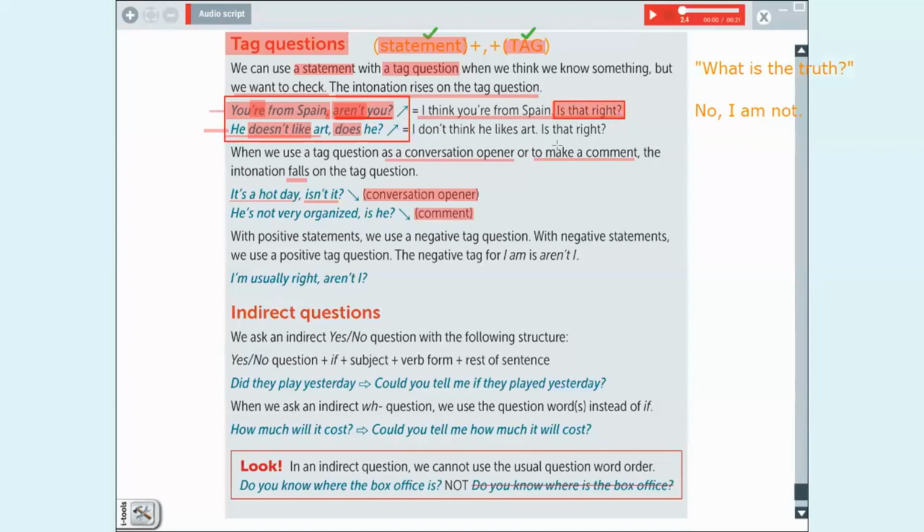For example, "It's a hot day, isn't that right?" Do you understand? No, no. I believe what you're trying to say is whether you need to use the tag question or simply ask, is that right? My question is, for example, is it better to use "is that right" or "isn't it"? Okay, let me try this another way.